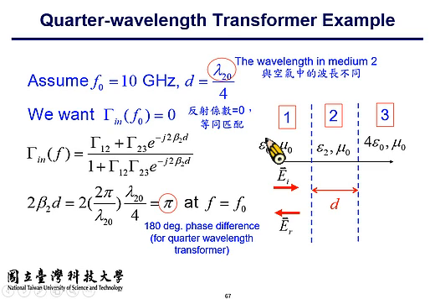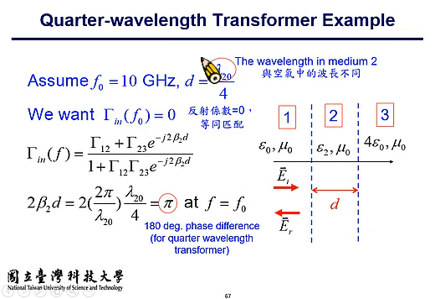Sorry, no. Why? Because median 1 is air, and median 3 is a material with relative permittivity of 4. We don't know the permittivity epsilon 2 or the thickness D, but we want to determine epsilon 2 and D to achieve matching. So for this 3-layer structure, we attempt to achieve 0 reflection by manipulating the material property and the thickness of layer 2. So you can choose epsilon 2 and you can choose D.